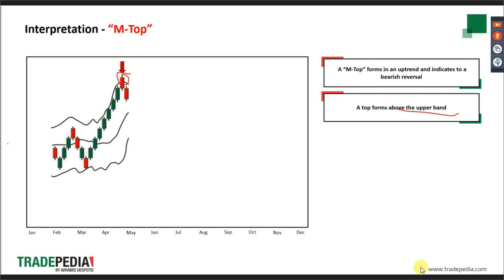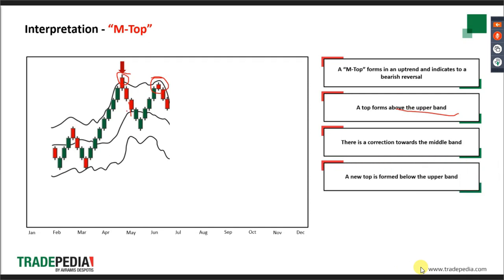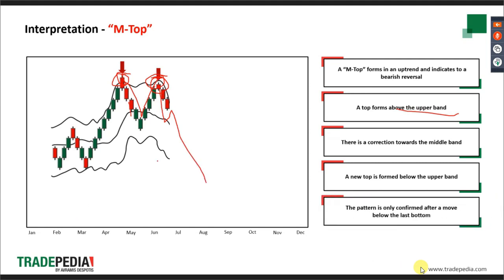It actually broke out of it and then came back down to the middle, and then created another side of the M near the upper band. So one attempted breakout, one pullback, and another that came close to the band will signify a reversal. The pattern is only confirmed after a move below the last bottom, which is here.